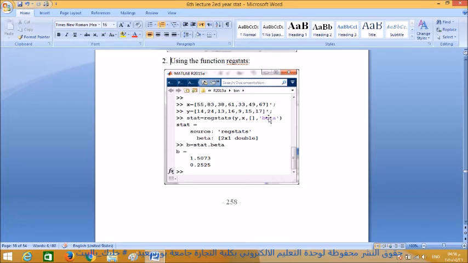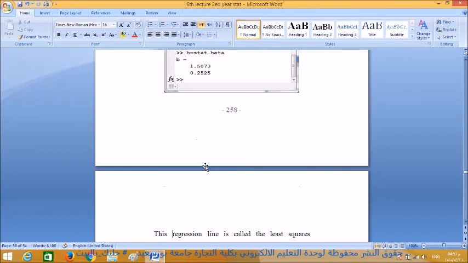To get beta, put beta between two quotation marks. So b equals stat dot beta. Beta is 2 by 1 double. So b equals stat dot beta, where this is a and this is b. Beta contains a, the constant, and b, the coefficient of regression.